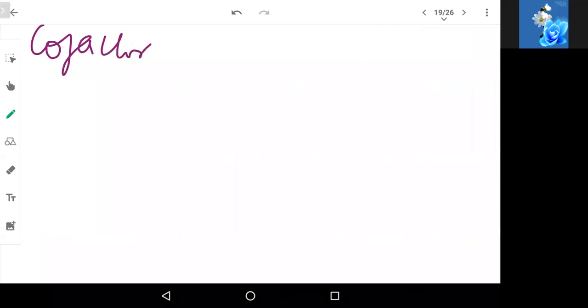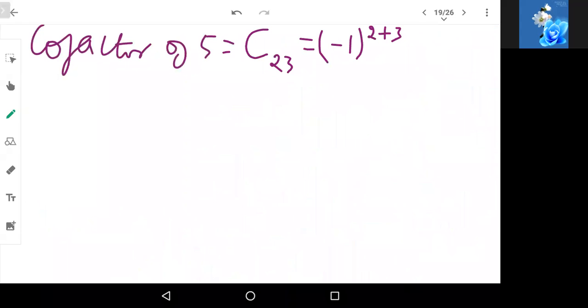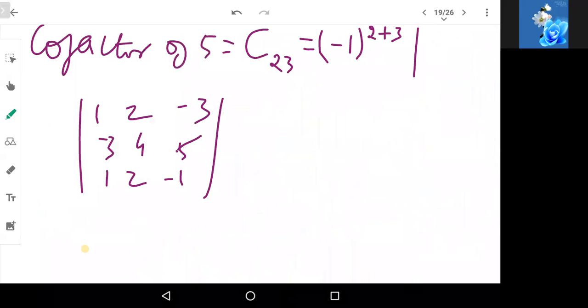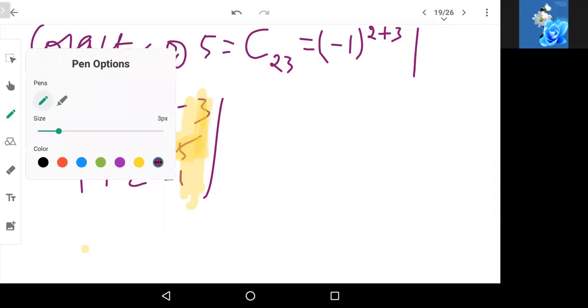Cofactor of 5, that is second row, third column, minus 1 to the power 2 plus 3 into the minor. So 1, 2, minus 3, minus 3, 4, 5, 1, 2, minus 1 is the determinant. So let us see what should be the minor. Now we are finding for this. So second row and third column will go away. And what else is remaining with us?